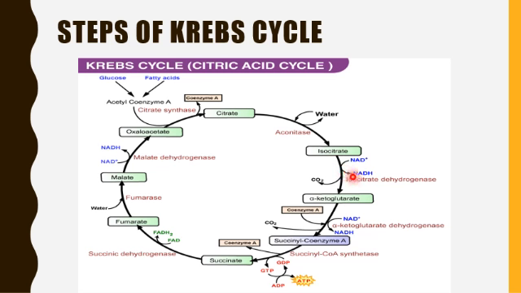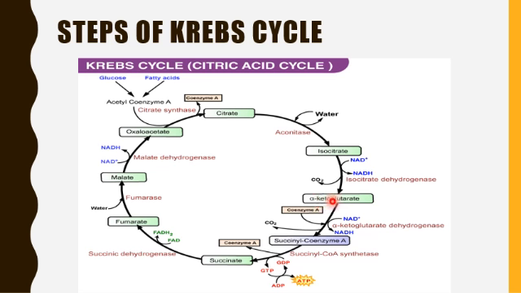A pair of hydrogen atoms is removed, and that pair of hydrogen is accepted by NAD to form NADH2, and this reaction is catalyzed by isocitrate dehydrogenase, and this also shows the removal of carbon dioxide. The next reaction is alpha ketoglutaric acid.